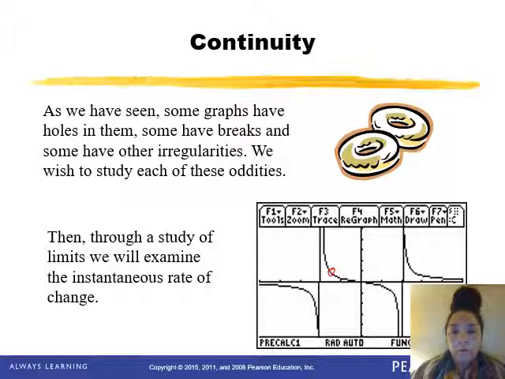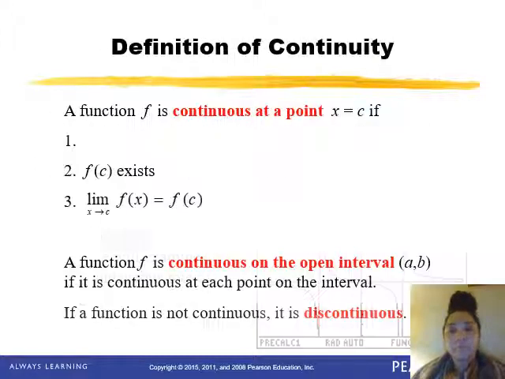There are vertical asymptotes like this one, and then again, they're not in this graph, but horizontal asymptotes. Either way, they're irregularities and they are breaks in the graph.